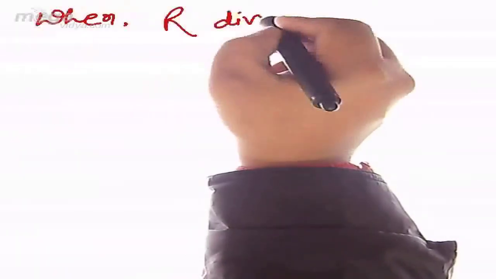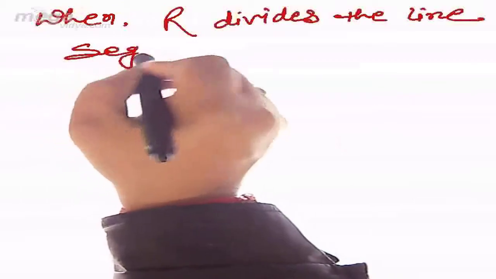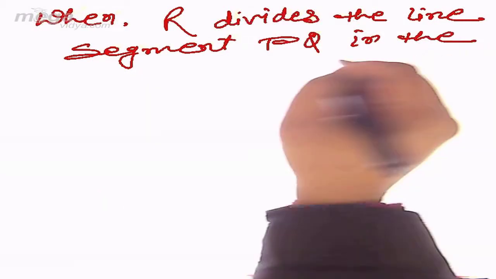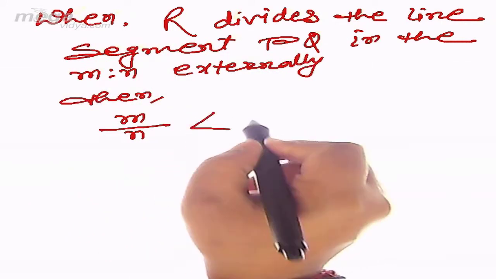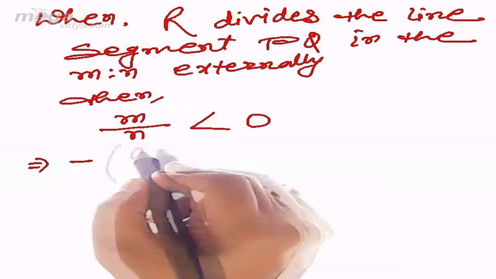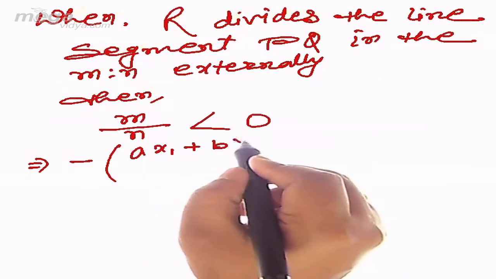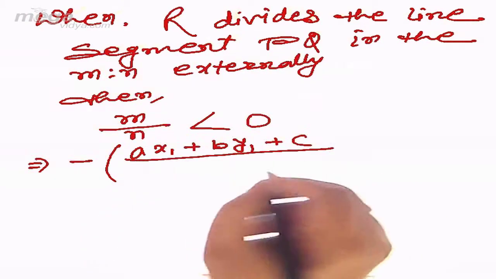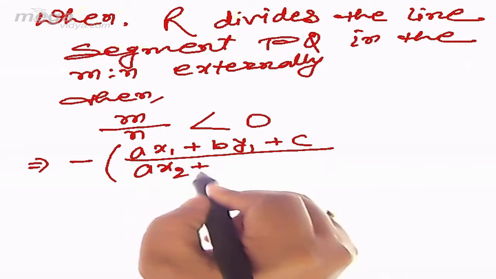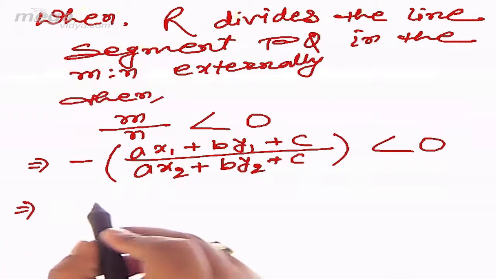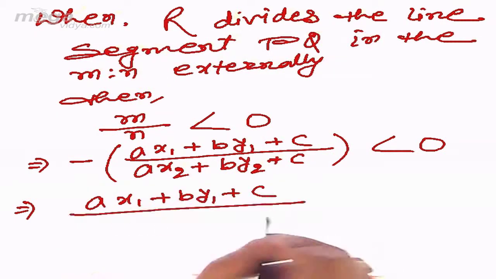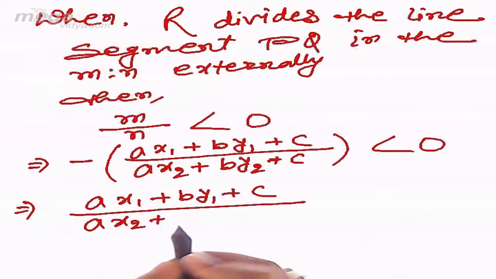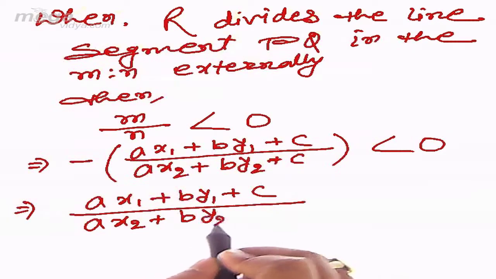Now in the second case, when R divides the line segment PQ in the ratio m is to n externally, m upon n should be less than 0, and hence minus (ax1 plus by1 plus c) upon (ax2 plus by2 plus c) is less than 0. So when you remove the minus, it becomes (ax1 plus by1 plus c) upon (ax2 plus by2 plus c) greater than 0.